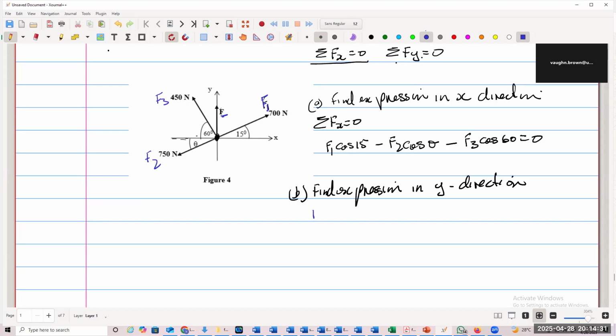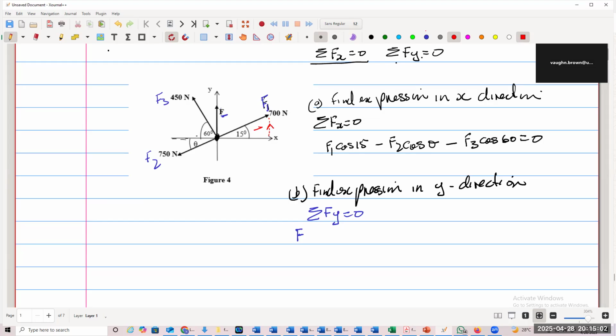So let's write the expression first before we do that. Let's always write the expression first. So the expression that we're finding is the sum of the forces in the y equals 0. Always do that. All right, and let's proceed. So the first one is F. F is positive, going up in the positive y-axis. So we put F. All right, what is the next one? F1. What are the components of F1? F1 has a component in the y direction that way.